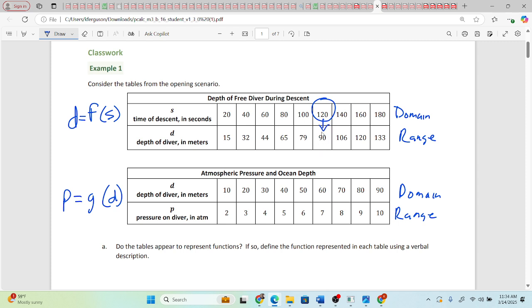Does everybody see what I'm talking about? So I plug in 120 seconds and I end up with an output of 90 meters. And then I go to my second chart and say, if I plug in 90 meters as my input, how many atmospheres of pressure do I have? 10.